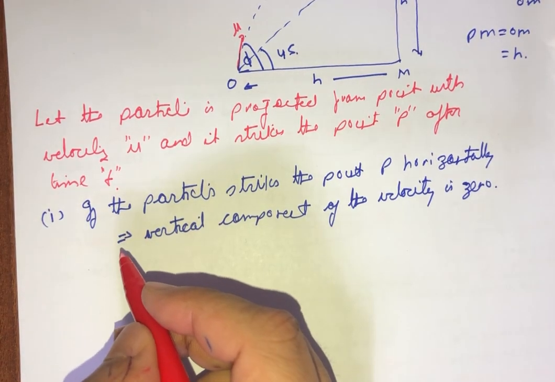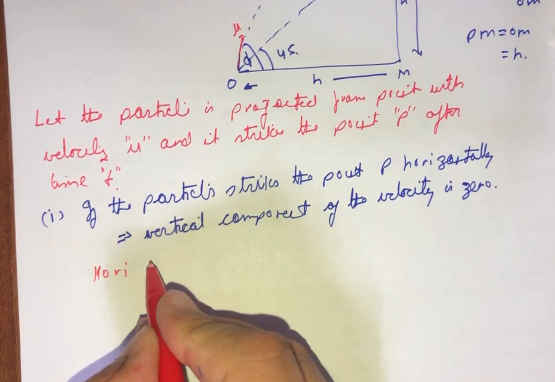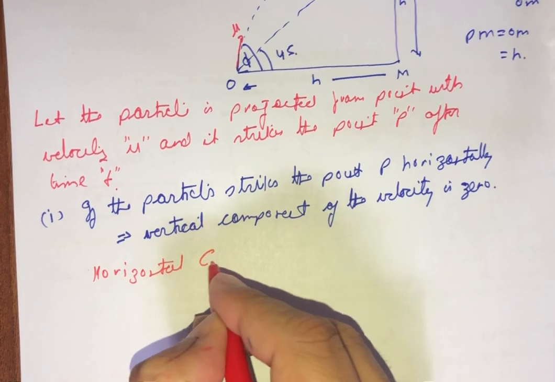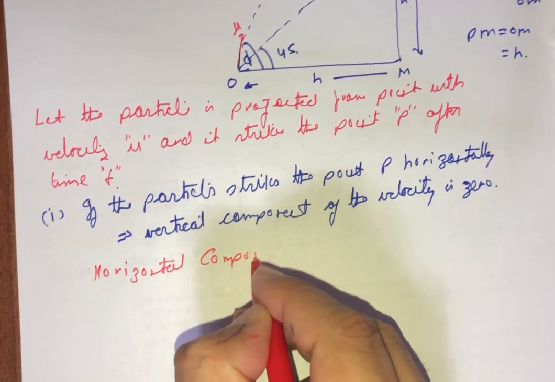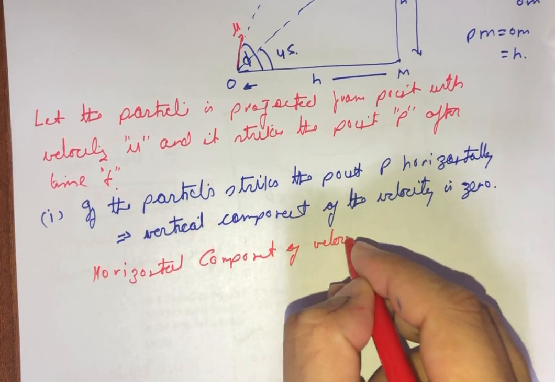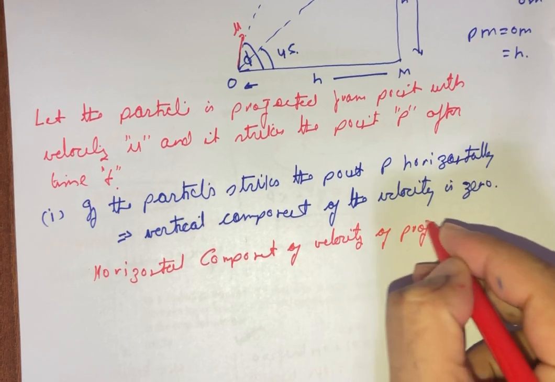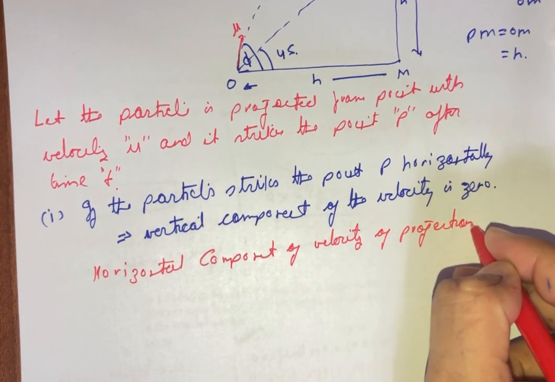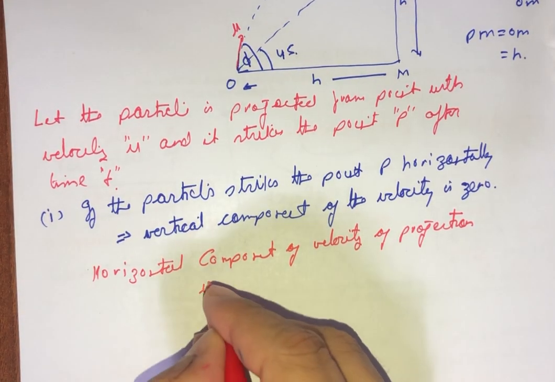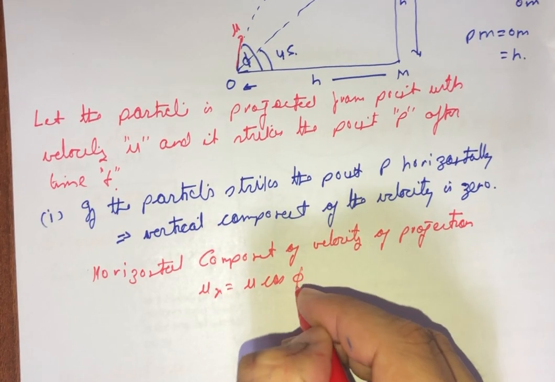Next we find out the horizontal component of the velocity of projection. We can write ux is equal to u cos of phi.